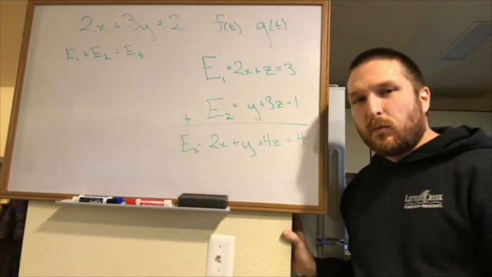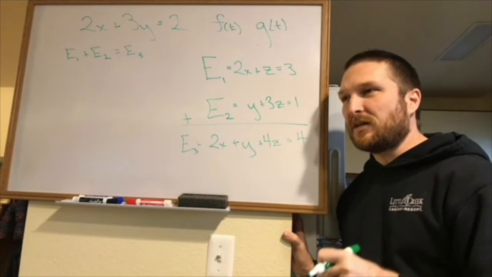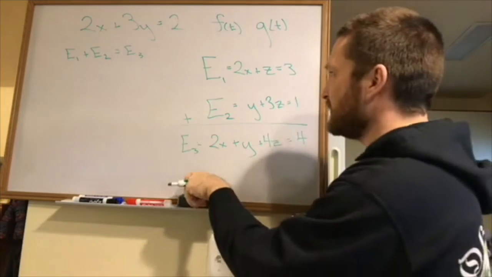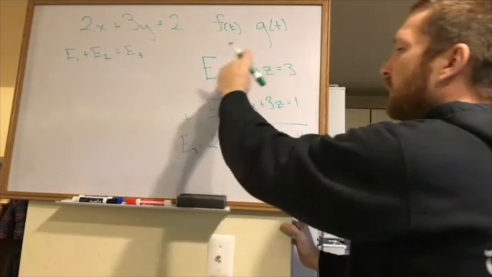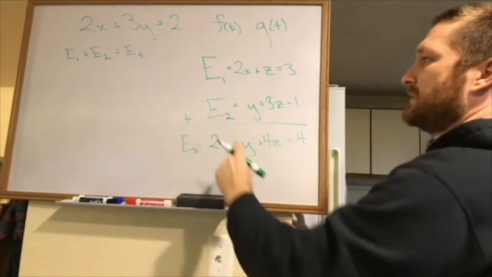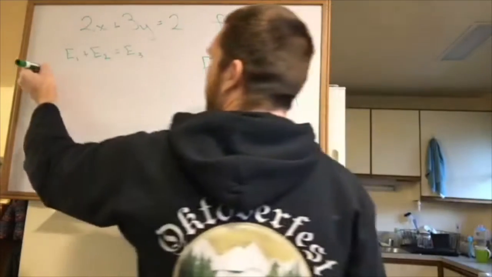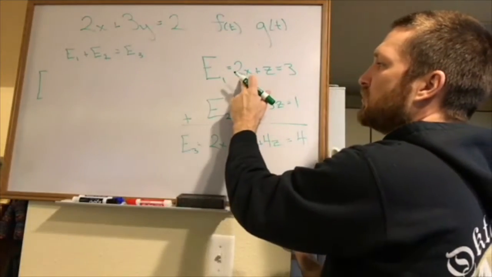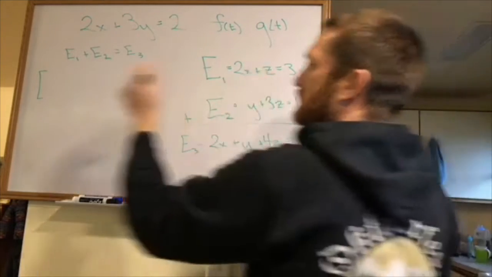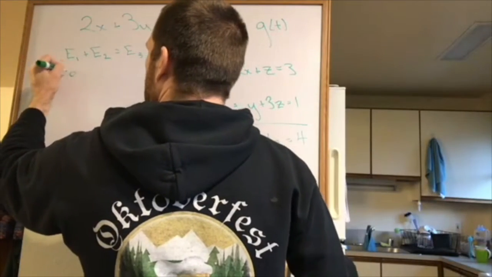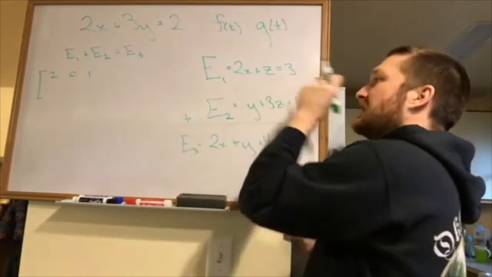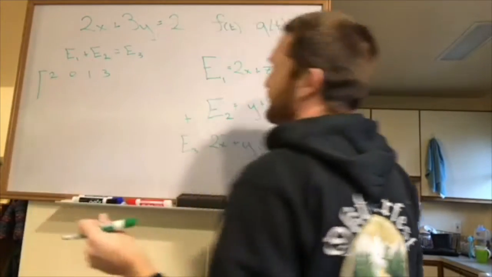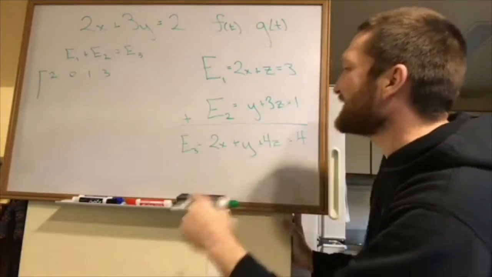Now let's see what would happen if we tried to solve for X, Y, and Z. Okay, so I'm going to put all of this into a system. Let's start with E1 here. We have E1 is 2x, 0y, 1z. So 2, 0, 1, that's equal to 3. So there's my first row of my matrix.